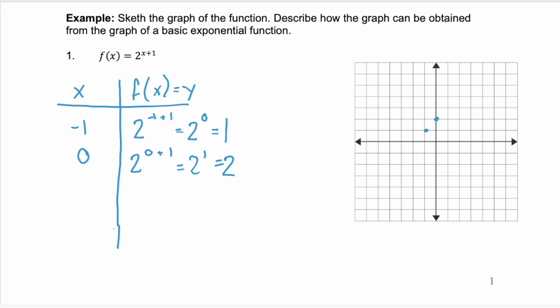Starting to somewhat see what it's doing. A value of 1 would be 2 to the 1 plus 1, or 2 to the 2, which is 4. Let's try one more, 2. This is 2 to the 2 plus 1, or 2 cubed, and 2 cubed is 8.